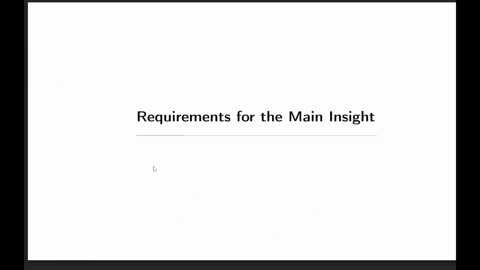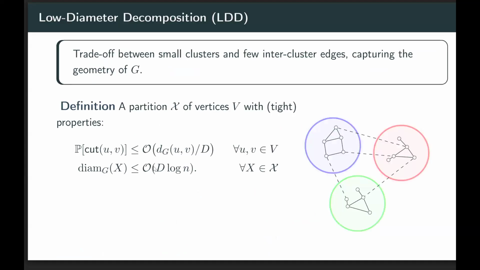All right. Let's look at a few requirements for the main insight, and this will directly lead into how we can improve. First up, we have low diameter decompositions. To recap again, we do a trade-off: we want small clusters and we want few intercluster edges. So we want to cluster a graph into multiple distinct clusters where few edges go between the clusters. But of course, the fewer intercluster edges we have, the bigger the clusters have to be.